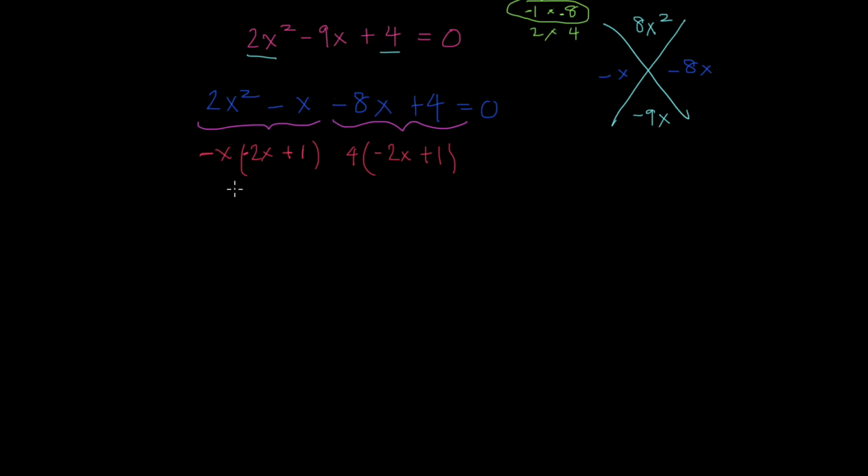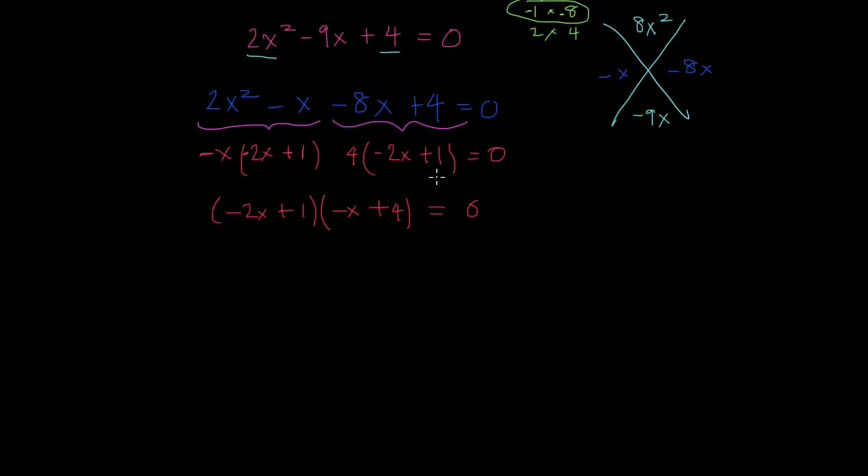So when I do that, well, now the things in my parentheses match. So then I can just take those out in common. So I have a negative 2x plus 1, and I'm left with negative x plus 4. And those will be equal to 0. Okay, so here the main idea is you need to make sure that what you have in the parentheses are the same terms.